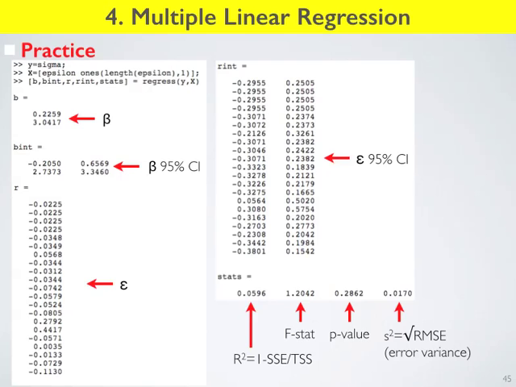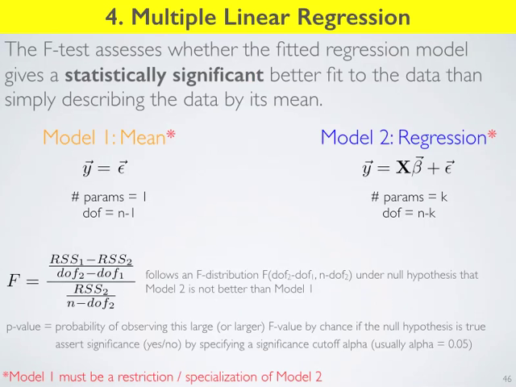Okay, so let me say that with some math behind it. The F test assesses whether the fitted regression model gives a statistically significant better fit to the data than simply describing the data by its mean. That's what I just said in words. In model 1, we just describe the data by its mean. In model 2, we actually go through the pain of a linear regression. The F test is saying how much better is this than this?